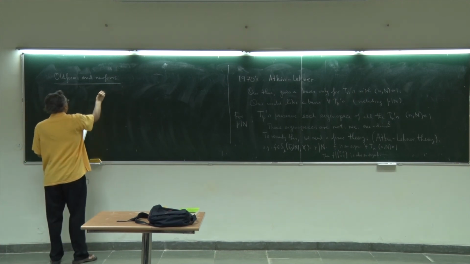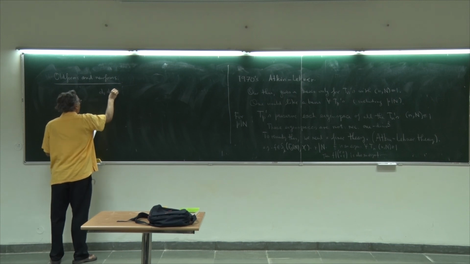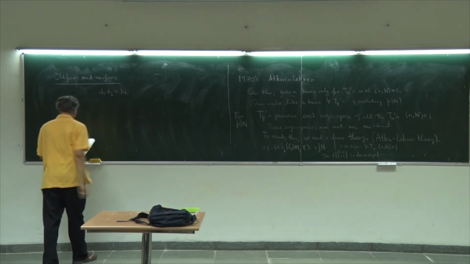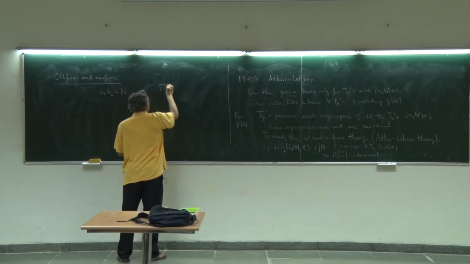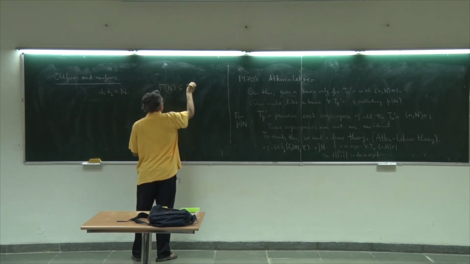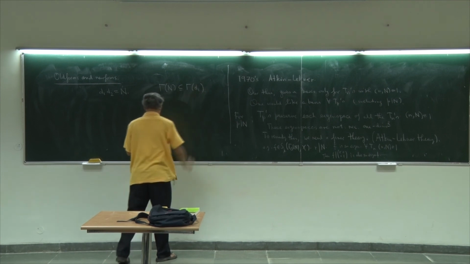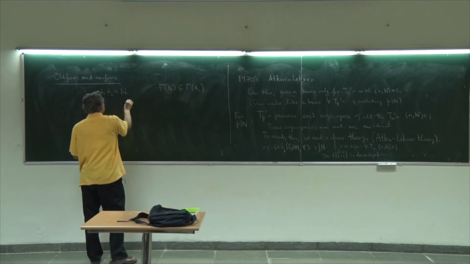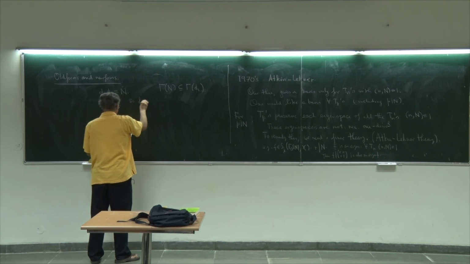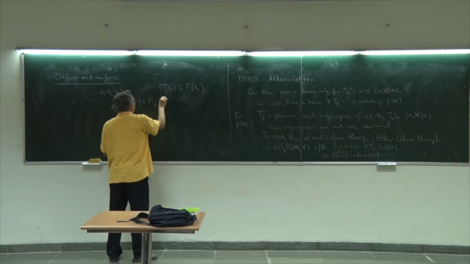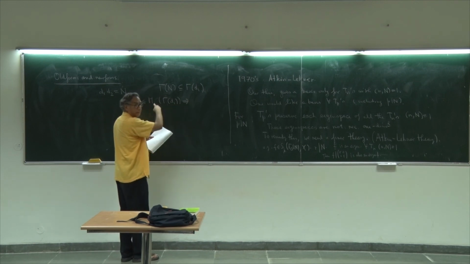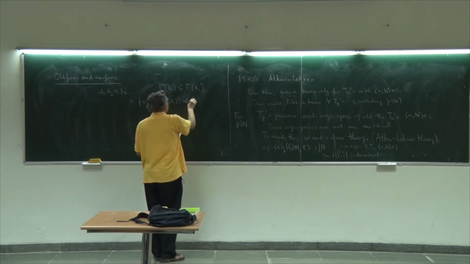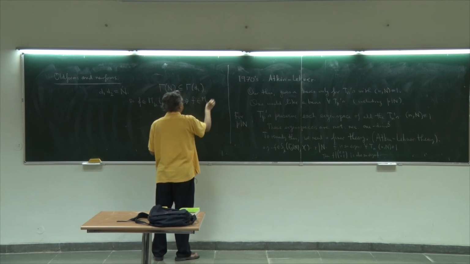See, if d1, d2, let's say, is a factorization of capital N, then gamma of n is contained in gamma of d1, right, for any divisor. So any modular form of gamma of d1 can also be looked at as a modular form for gamma of n.